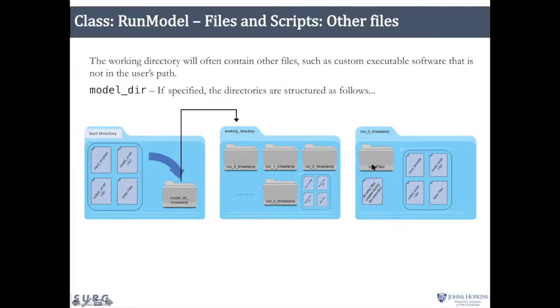There is a subdirectory called input files within this directory because it was created when RunModel built the input file using the template input. And all of the necessary information to run the model is copied into this directory by RunModel, whenever this new run directory is created.